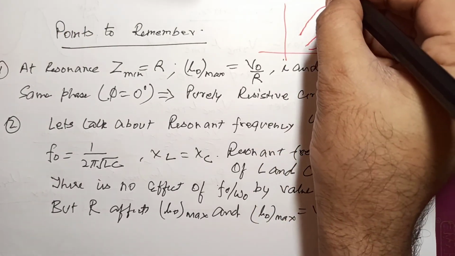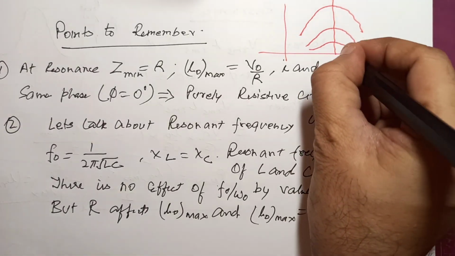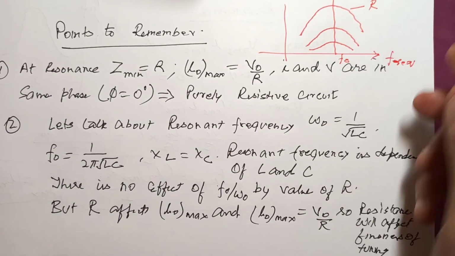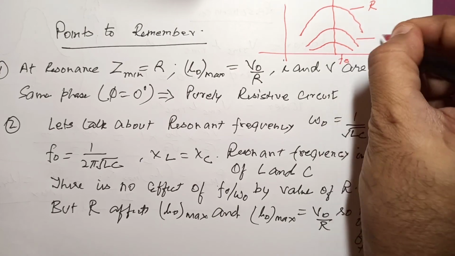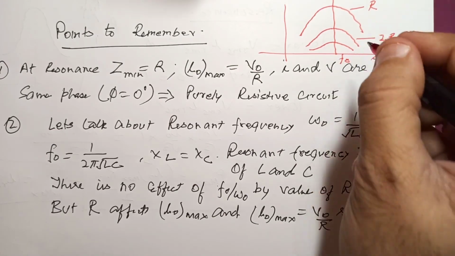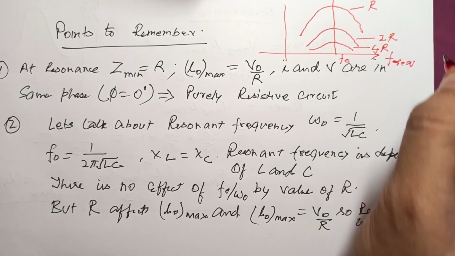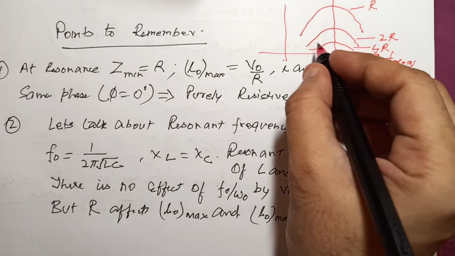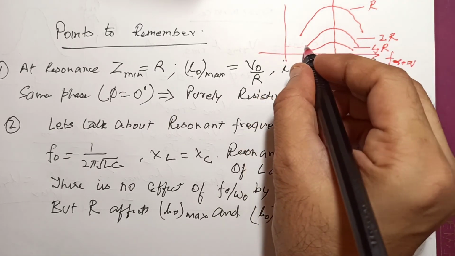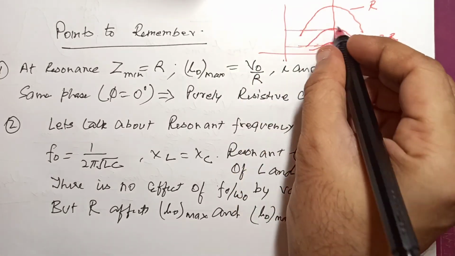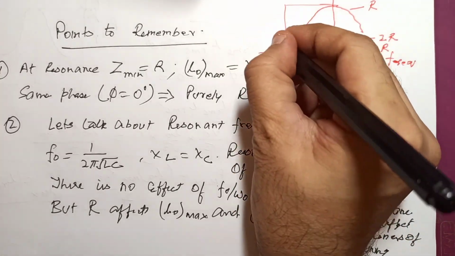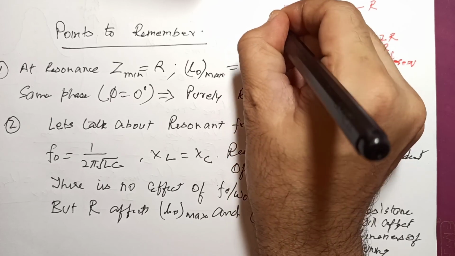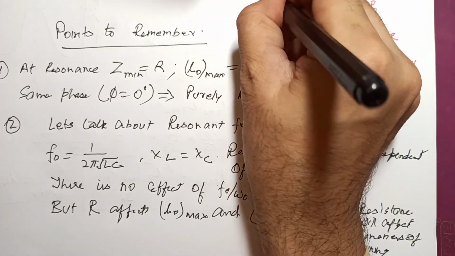These are at the same resonant frequency, and here the resistance is R, here it is 2R, and here let's say it is 4R. These are the peaks: this is 2.5 ampere, this is 5 ampere, and this is 10 ampere.